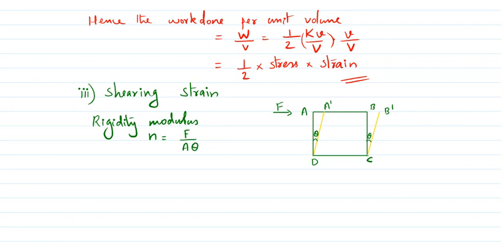Theta can be represented in terms of longitudinal strain. We already derived the value of theta, where theta will be change in length by original length. So we can substitute this value in equation 1, and n will be equal to F by A, L small l.